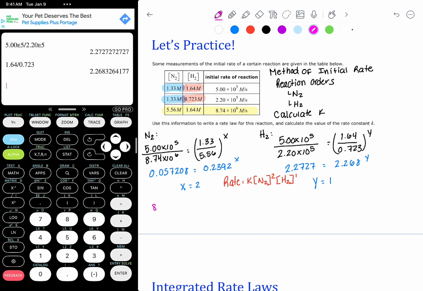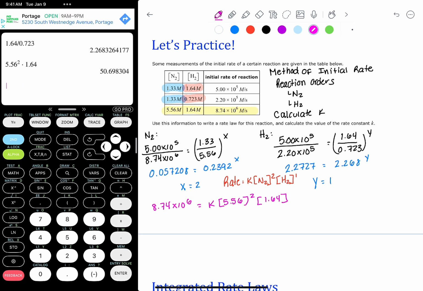We know the rate, 8.74 times 10 to the 6 is equal to K times the concentration, 5.56, which we will square, and the concentration of hydrogen, 1.64. Okay, so we'll take 5.56, we'll square it, and multiply that by 1.64. And then we'll take that 8.74 times 10 to the 6 and divide it by that number. And we get a value of K. Let's see, we have 3 sig figs, so let's give it a 1.72 times 10 to the 5th.